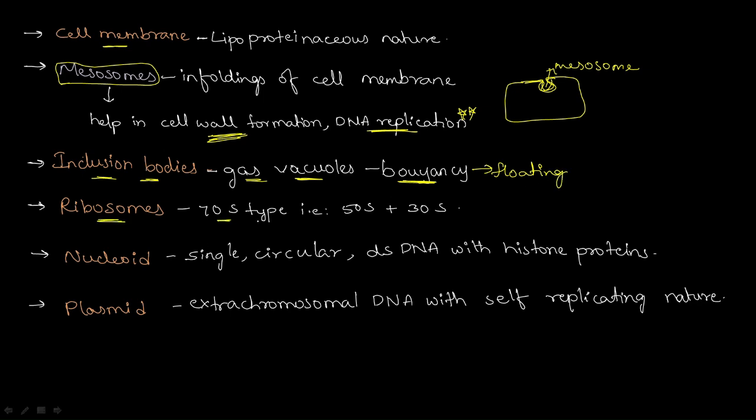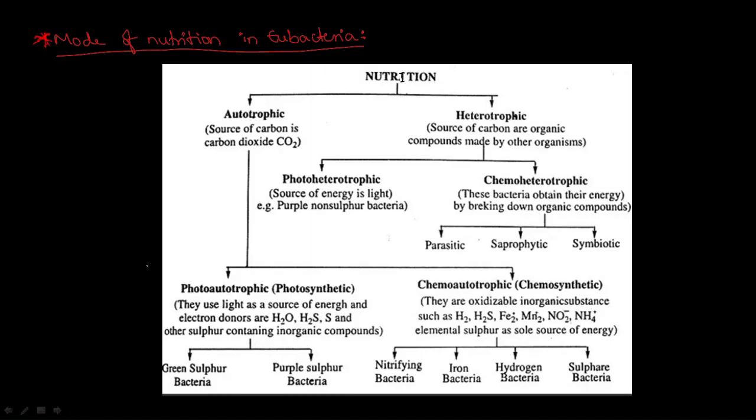The ribosomes are of 70S type, which is 50S plus 30S. The nucleoid present in these bacteria is single, circular, double-stranded DNA without histone proteins. The plasmid is present in bacteria. It is an extra-chromosomal DNA. They have a self-replicating nature.